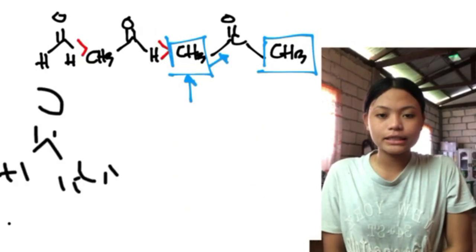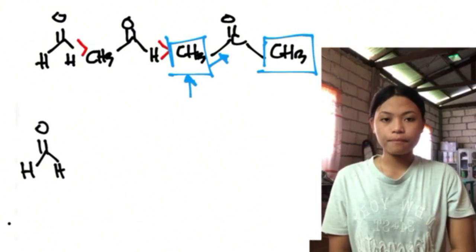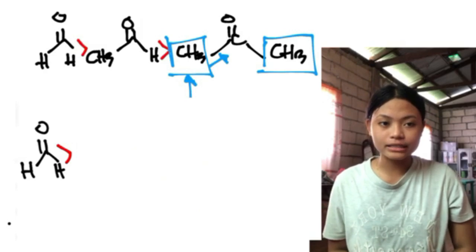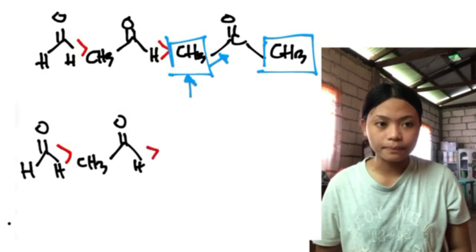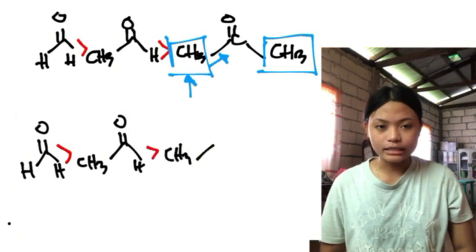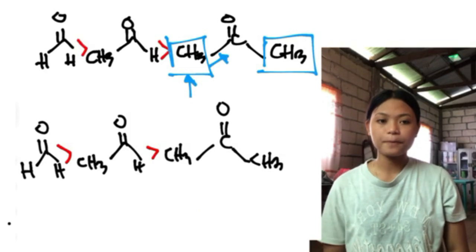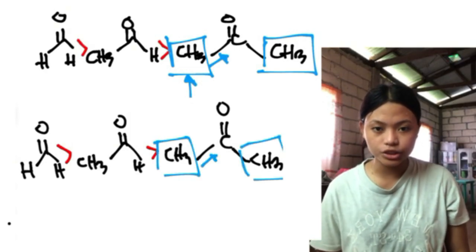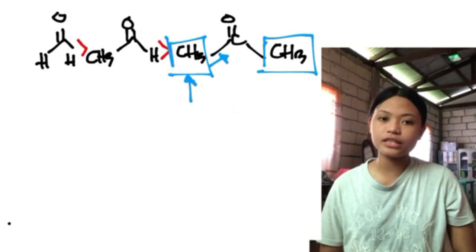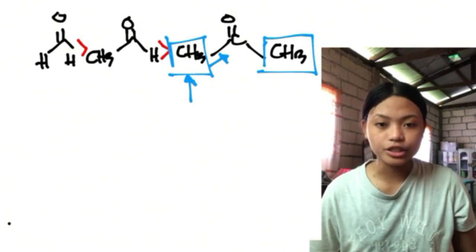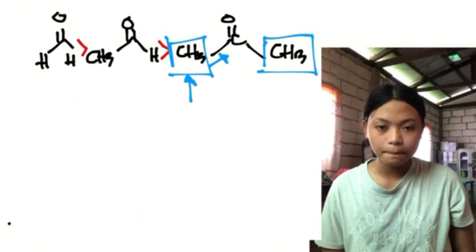So let's talk about the reactivity of aldehydes and ketones. Formaldehyde is more reactive than acetaldehyde, and acetaldehyde is more reactive than propanal. So aldehyde is more reactive than ketones. The reason why ketones are less reactive is, for one, we have these CH3 groups, which hinder nucleophilic attack, and also these CH3 groups are electron donating groups.